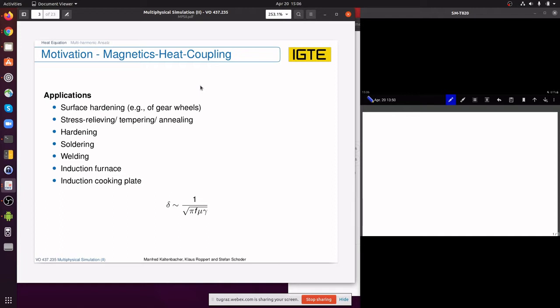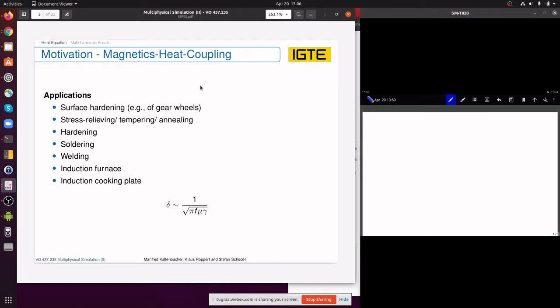And yeah, you can also use it for some deeper heating, not only in the surface region, but actually through heating to relieve some stresses in the material, and for annealing.